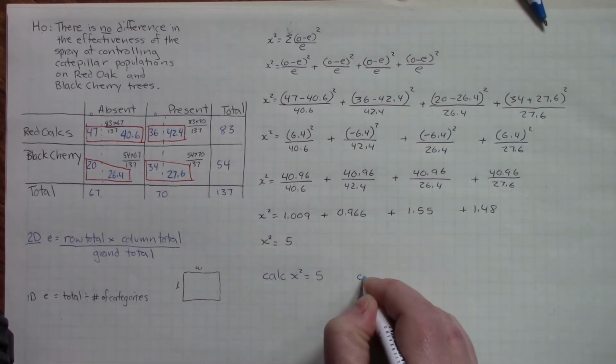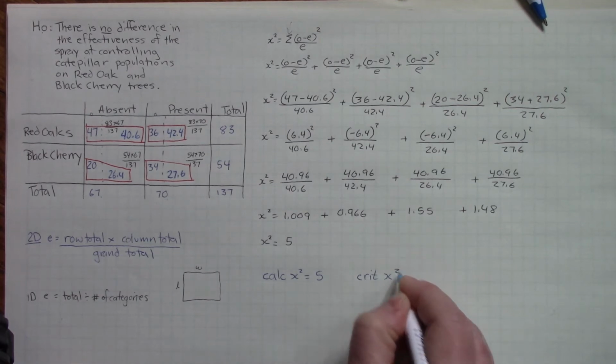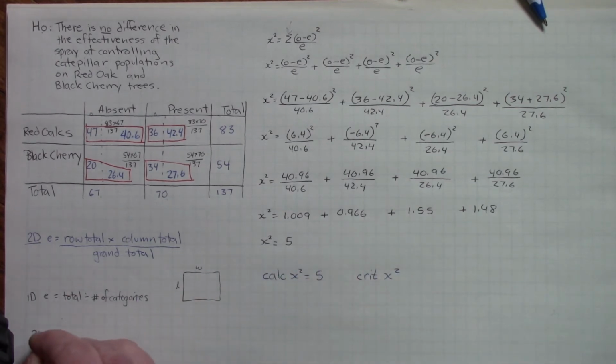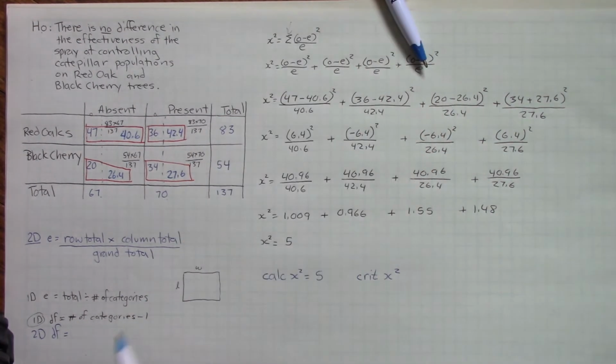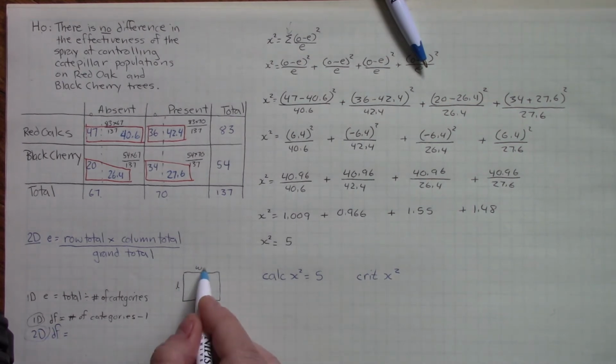We need to find our critical chi-squared. So our two-dimensional degrees of freedom, so if you remember, our one-dimensional degrees of freedom was the number of categories minus 1, which is very similar to our t-test degrees of freedom of n minus 1. Just instead of a number of numbers, we have a number of categories. But now we're looking at a two-dimensional, so we have length times width.